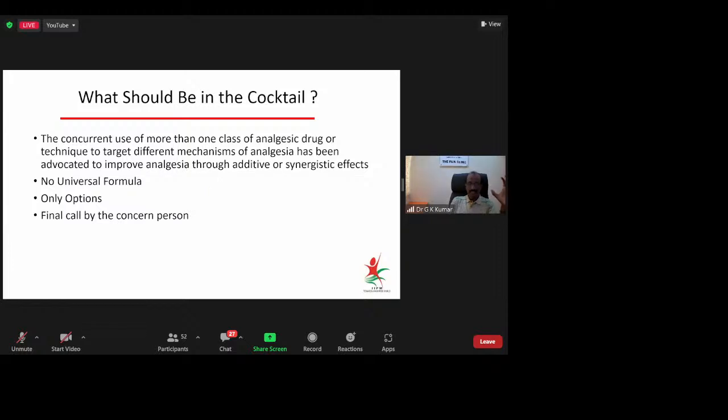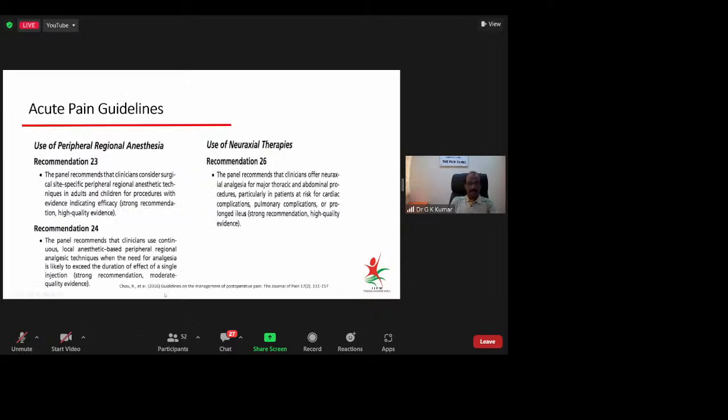These are only the options, and the final call is yours based on scientific facts. The acute pain guidelines released by the Journal of Pain in 2016 add many recommendations.